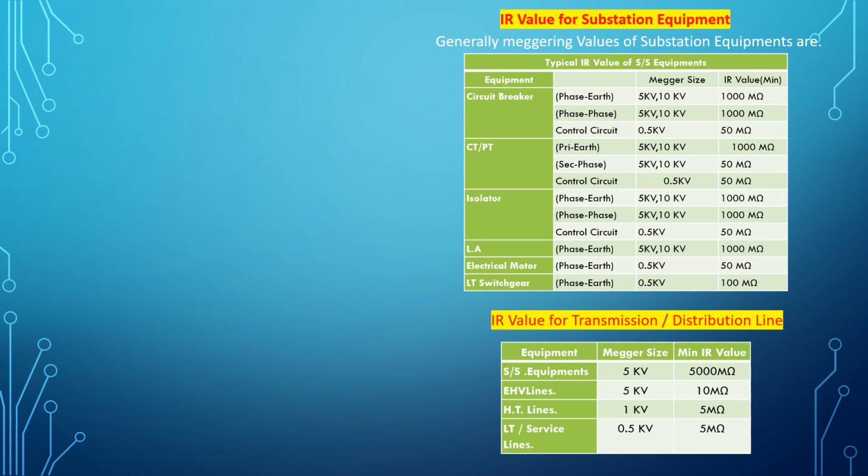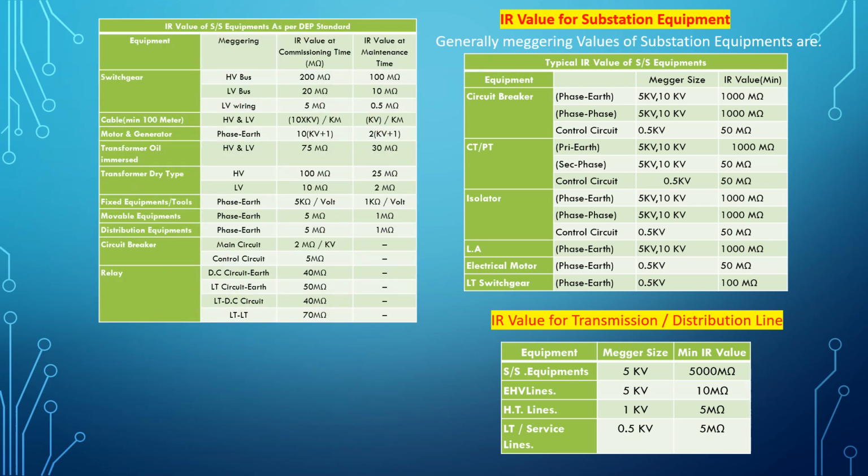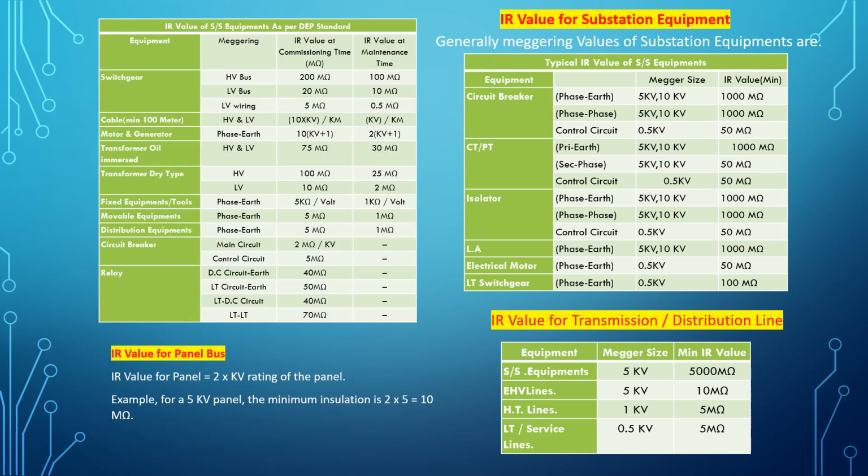So this is our equipment, substation equipment down to LT service lines. Okay, that was the transmission line. And this is all our value for panel bus. As you can see the equipment: switchgear, cable, meter, transformer oil, field equipment, circuit breaker, relay. So this is the measuring, and this is our IR value.